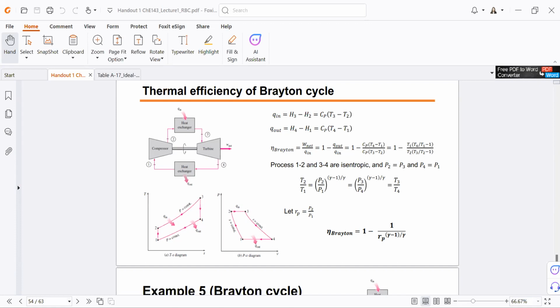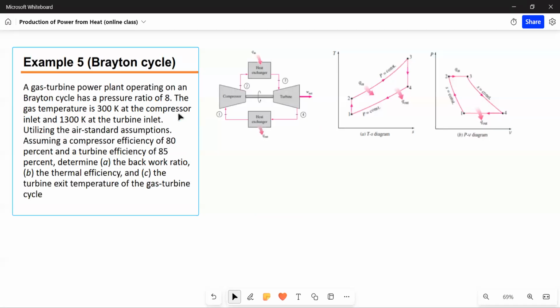Okay. So here we're going to solve for a Brayton cycle problem. Let me go to the whiteboard. All right. A gas turbine power plant operating on a Brayton cycle has a pressure ratio of 8. The gas temperature is 300 kelvins at the compressor inlet and 1300 Kelvin at the turbine inlet.